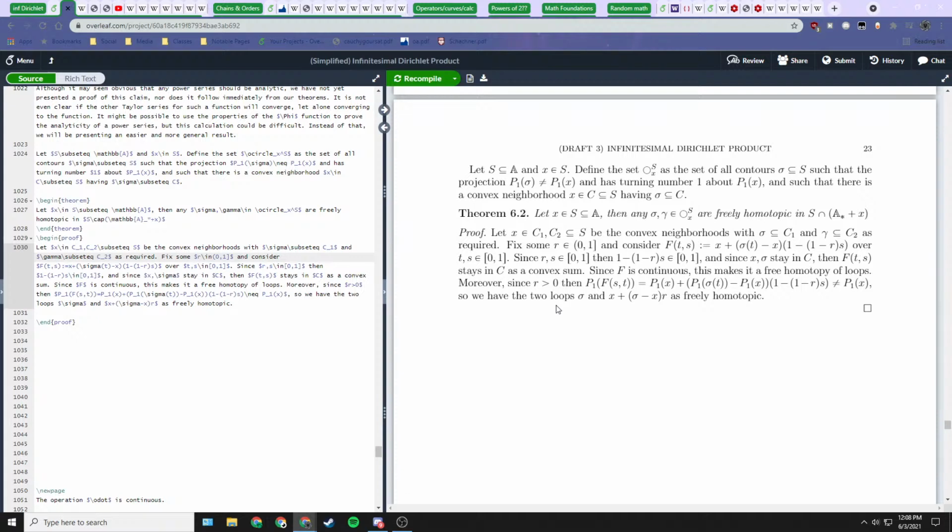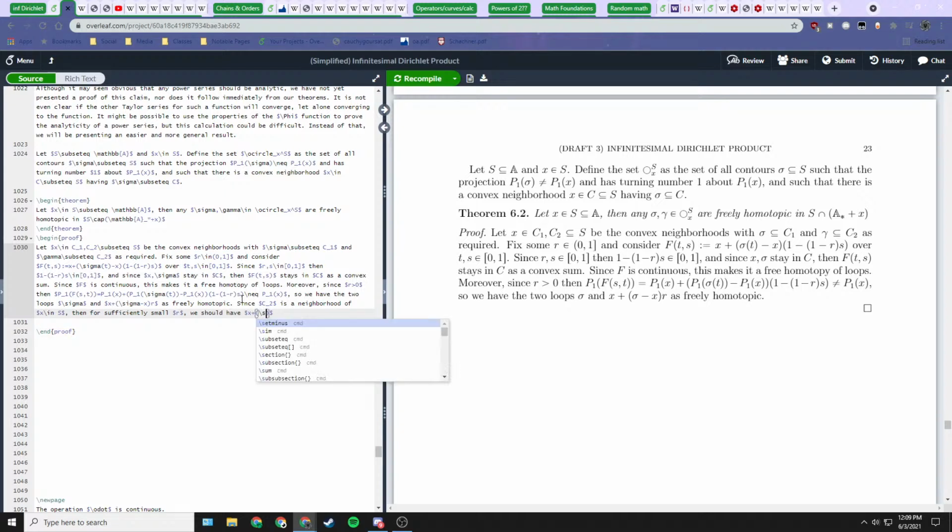Fix some R in 0, 1 and so on and so forth. So we have these two loops as freely homotopic. And then we can say, since C2 is a neighborhood of X in S, then for sufficiently small R, we should have X plus sigma minus X times R as being a subset of C2.